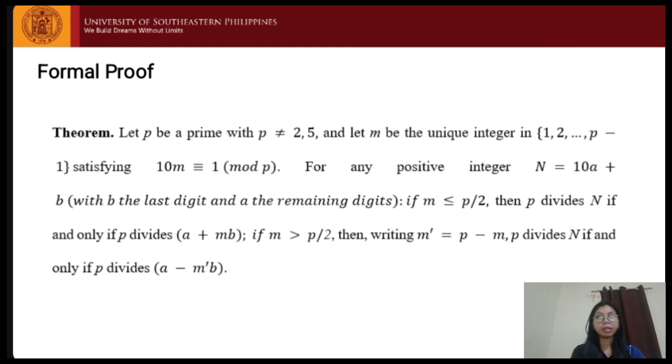We denote this inverse by m, which satisfies the congruence 10m is congruent to 1 modulo p. This is the key property that makes the entire divisibility rule possible.